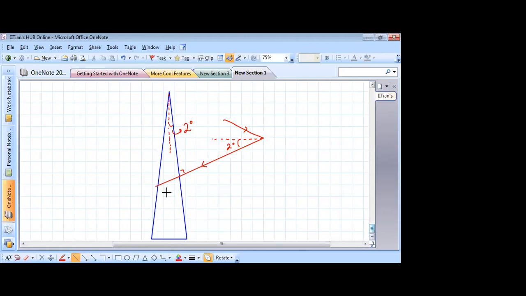And then, right, so this is what it should be doing.